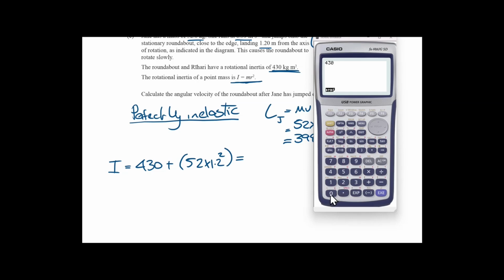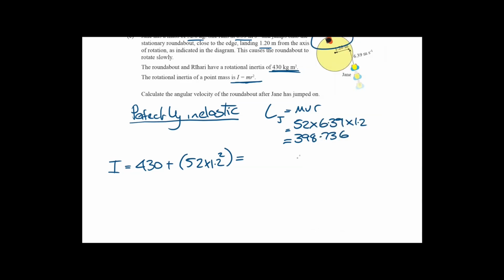So 430, that's what's already on there, plus 52 times 1.2 squared is that. So we're going to get 504.88 is the moment of inertia for this whole roundabout now that Jane and Rahari are both on there.